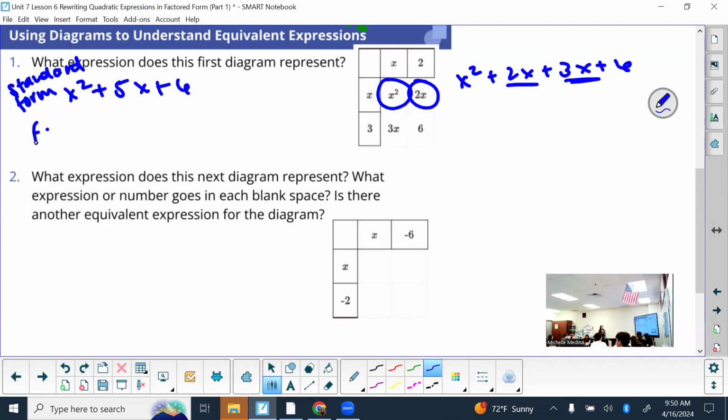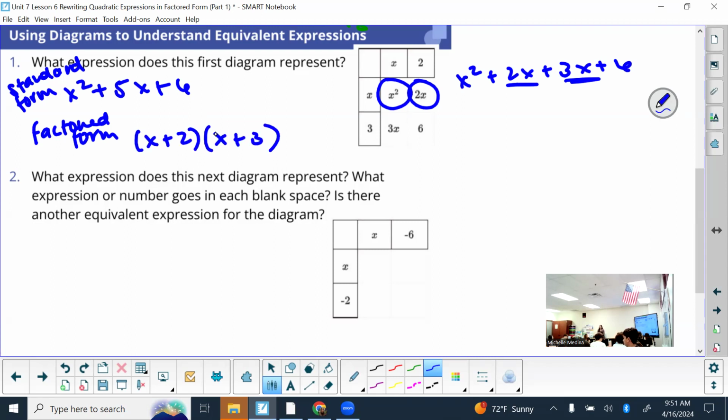Factor form. Based on this diagram, can you tell me what the factor form was before it was multiplied together? So parentheses X plus 2, parentheses X plus 3. Close. X plus 2, and then X plus 3.